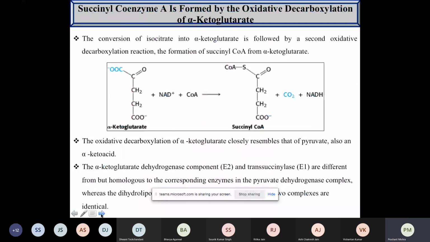Next step, what will happen? Alpha-ketoglutarate is converted into succinyl-CoA, and here coenzyme A is added. I will tell you why this coenzyme A addition is important, but again, you are looking at two mechanisms. One is oxidation, another is the removal of carbon dioxide. So this is an oxidative decarboxylation reaction.